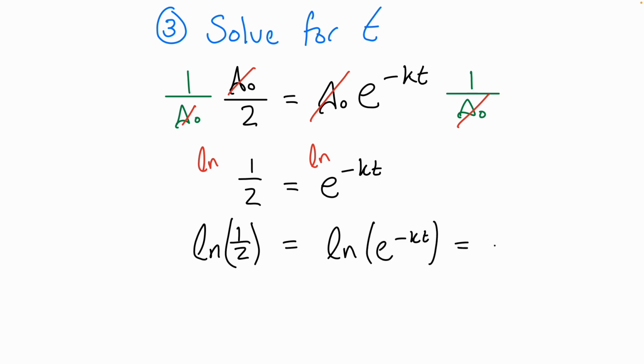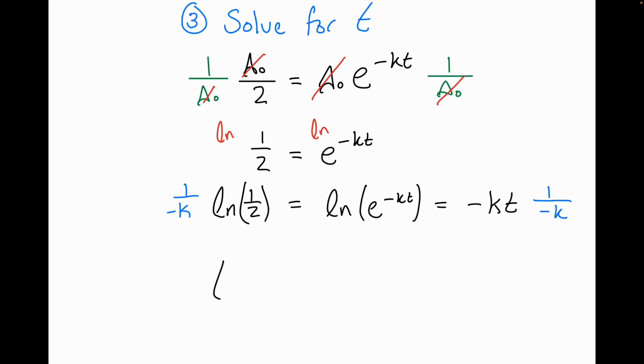But of course, that gets rid of that e. That just equals negative kt. So I'm going to divide both sides by negative k. Okay, so my half-life expression for this first order reaction is the natural log of 1/2 over negative k.